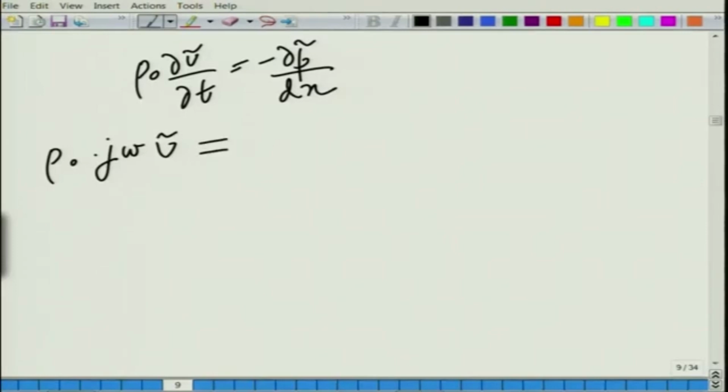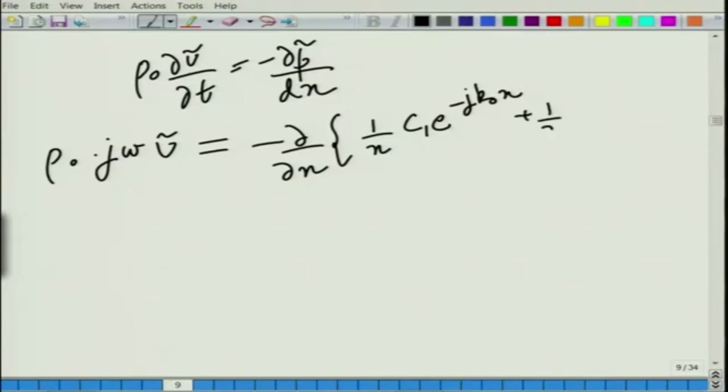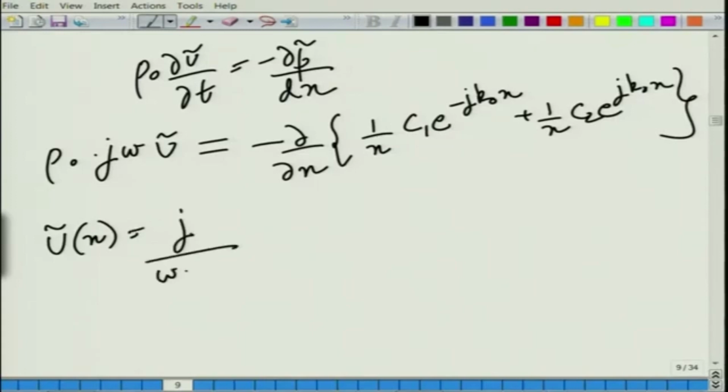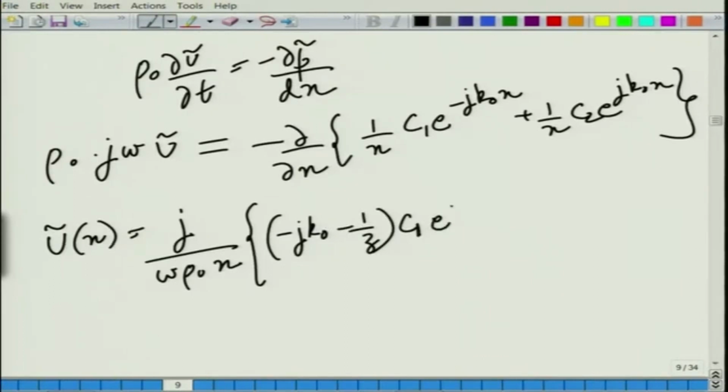Now that we know it is of this form, j omega and this is u tilde times minus x. So, after some algebra, once we take a partial derivative of this part, C1 times this particular thing, we will figure out that u tilde x is given by j omega rho naught x, and in the bracket, this is what I have already worked out, is given by minus j k naught times minus 1 by z, and C1 is an arbitrary constant of integration, e to the power minus j k naught x, and plus j k naught times 1 minus z times C2 into e to the power j k naught x.